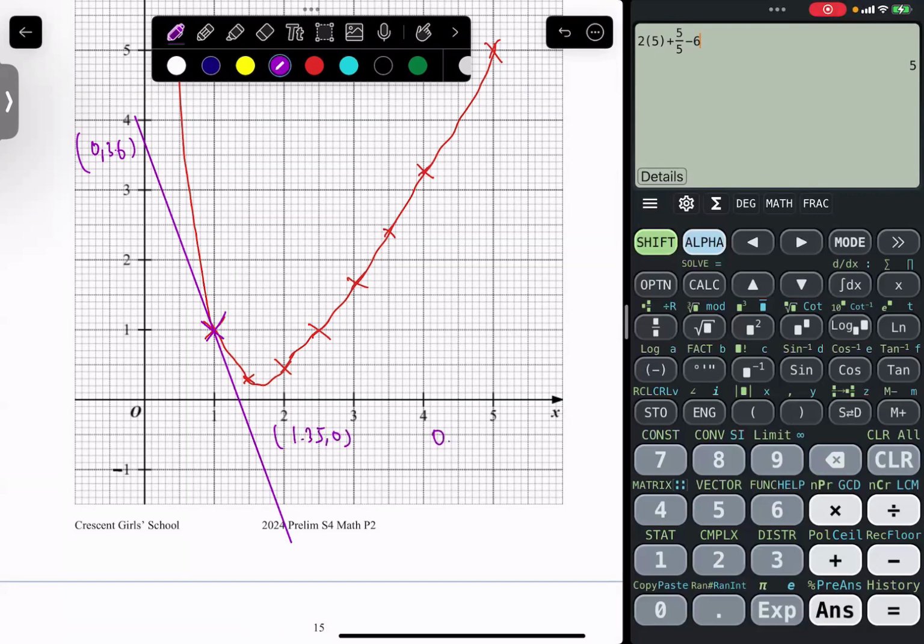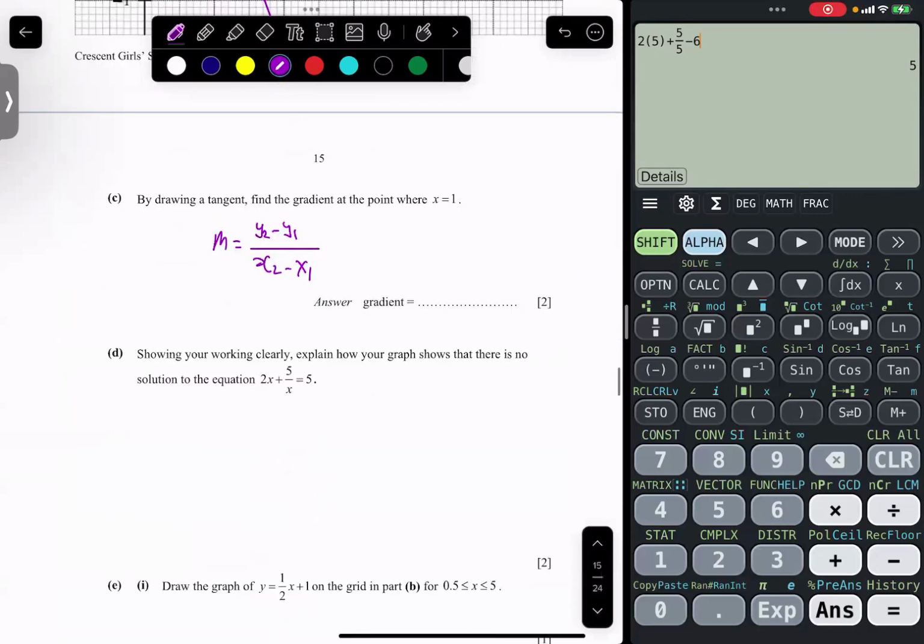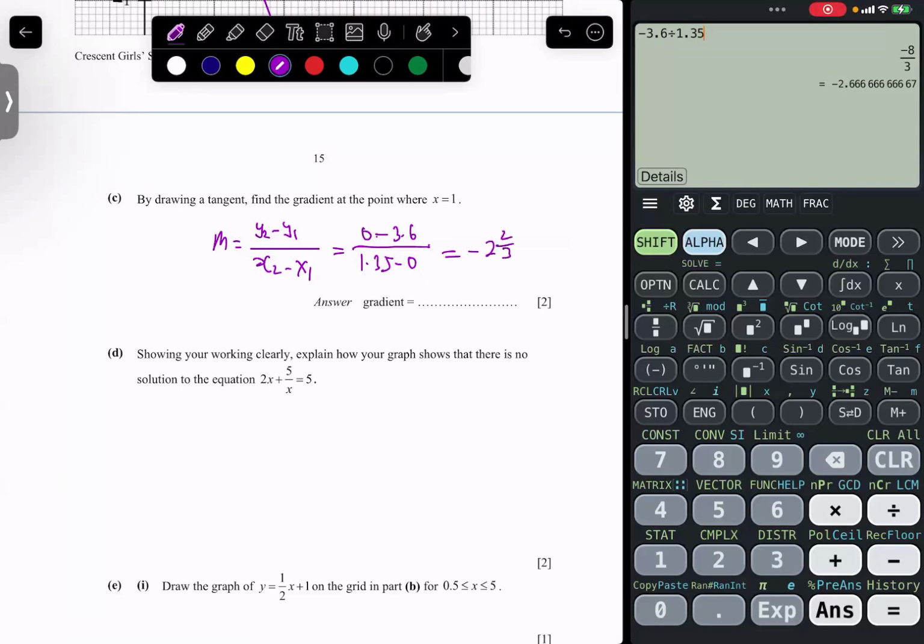So 0 minus 3.6 over 1.35 minus 0. Okay, so negative 3.6 divided by 1.35. So we get something like negative 2 and two-thirds. Okay. Right.